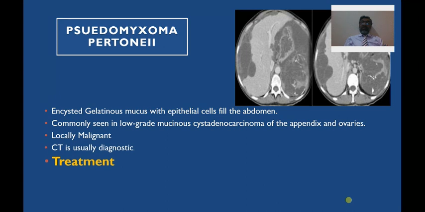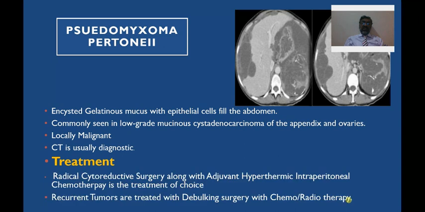The whole peritoneal cavity is filled with gelatinous material. Treatment is usually radical cytoreductive surgery along with adjuvant hyperthermic intraperitoneal chemotherapy. And recurrent tumors are again treated with debulking surgery associated with chemo or radiotherapy.